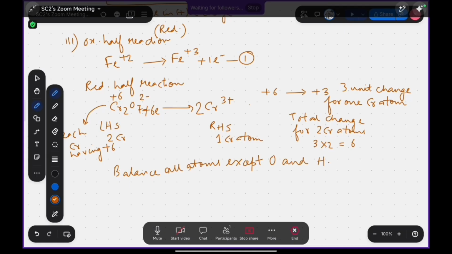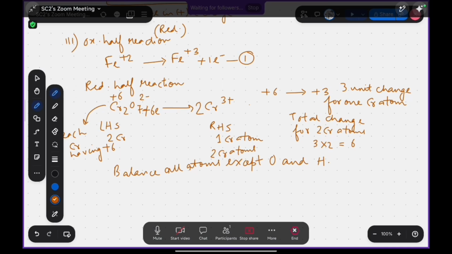See here, in our equation 1, iron is 1 on both sides. In the reduction half reaction, 2 chromium on the left hand side, similarly 2 chromium on the right hand side as well.